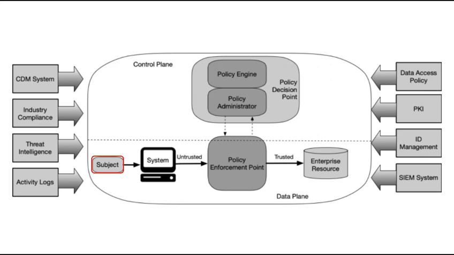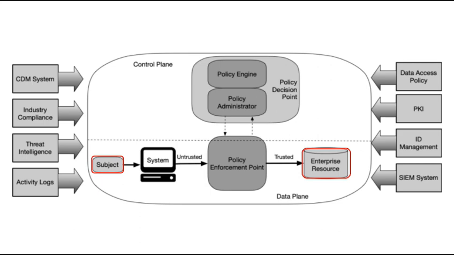Now, this is a subject who wants to access this enterprise resource. This enterprise resource can be a server or it can be an application or a service. As per the zero trust architecture, this subject and this enterprise resource are not trusted inherently.